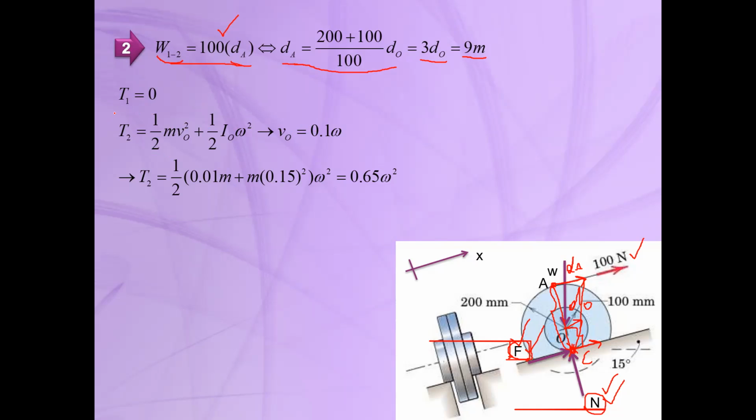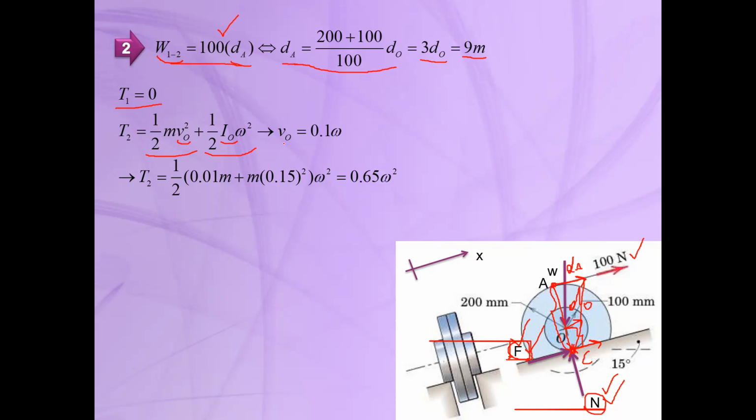The initial kinetic energy is 0 because it starts from rest. The final kinetic energy in the second position is half times m v squared, where v is the velocity of the mass center, plus half times I_O omega squared, and I_O is again the mass moment of inertia about the mass center.